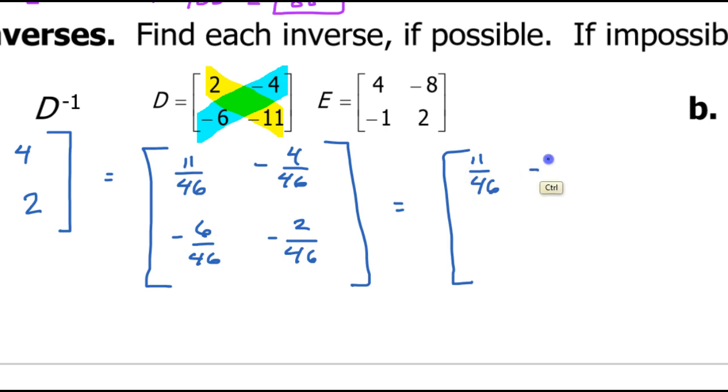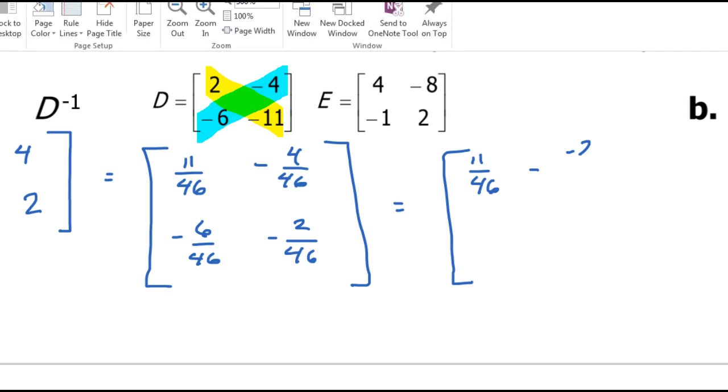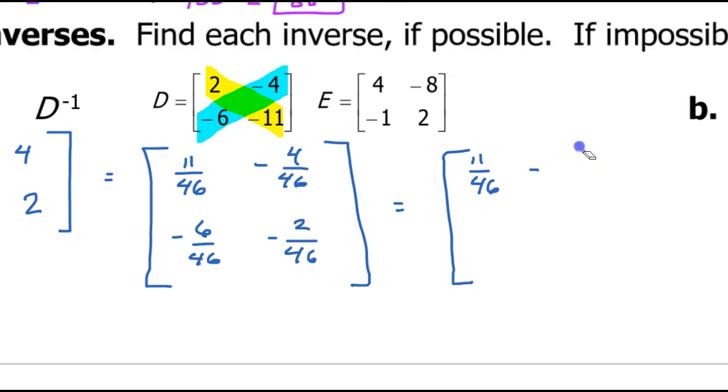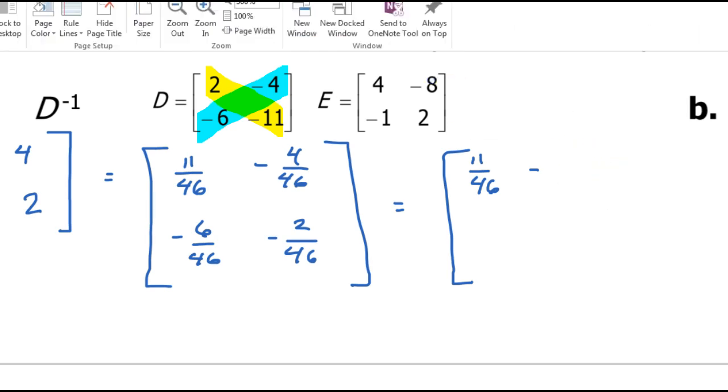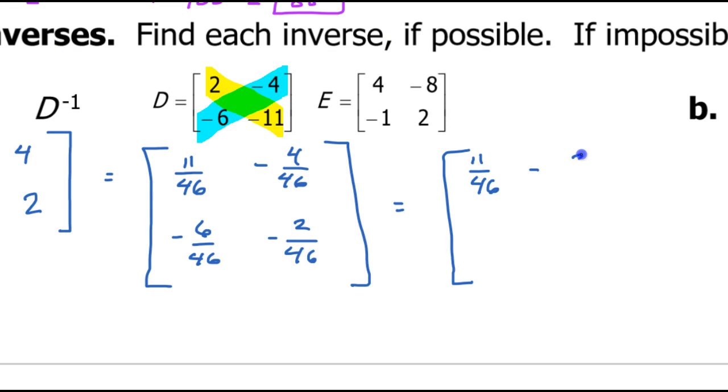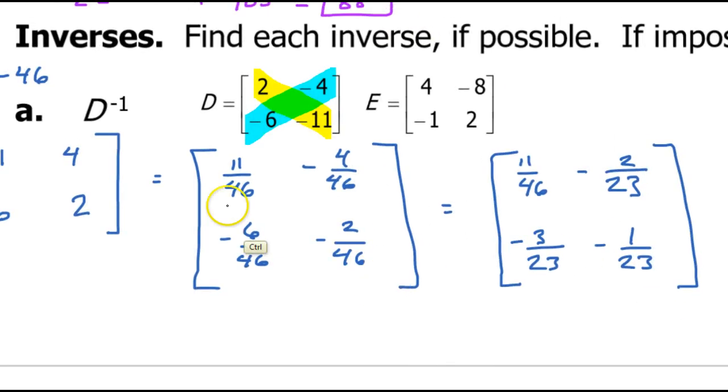But then we're going to have negative, whoops, I don't need another negative. But this will reduce down to 2 over 23. And this will be negative 3 over 23. And negative 1 over 23. So this should be the final answer. All right, this is the inverse of matrix D.